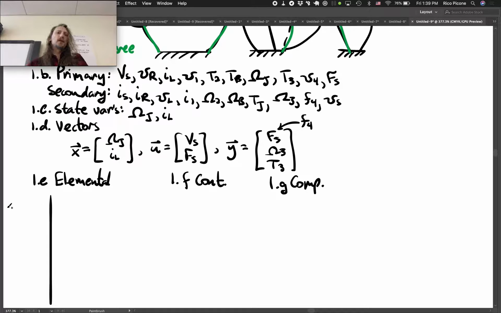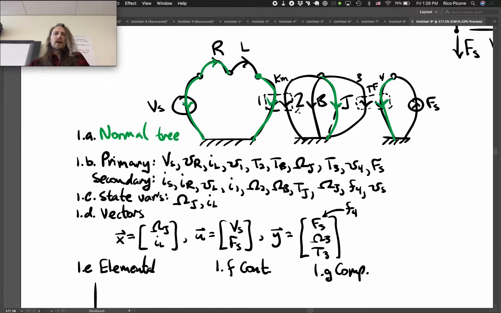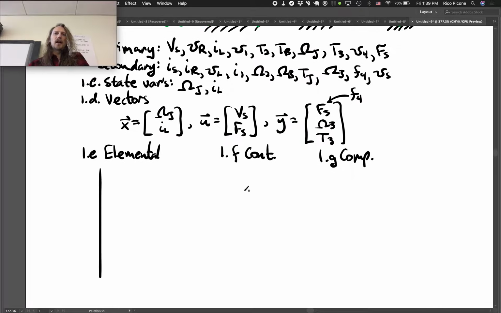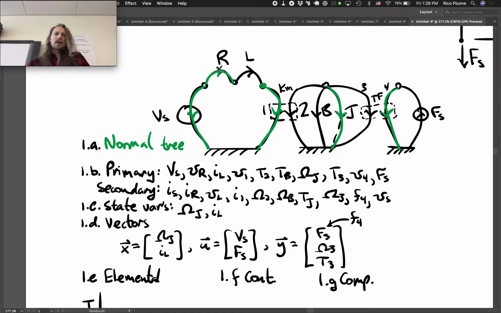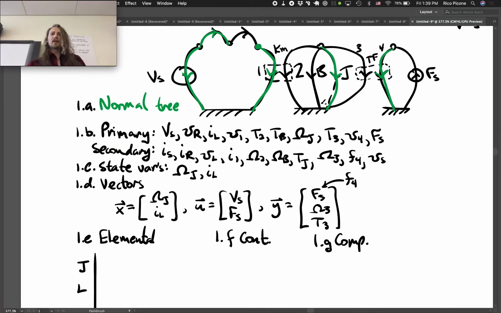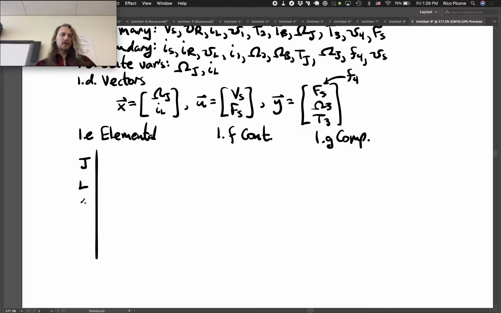The two energy storage elements are L and J. So we'll put J, L, and then the other two besides the transducers, R and B. And then we have the transducers, 1, 2, and then 3, 4.